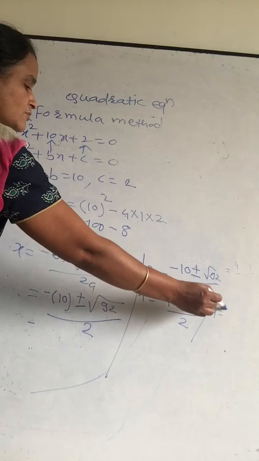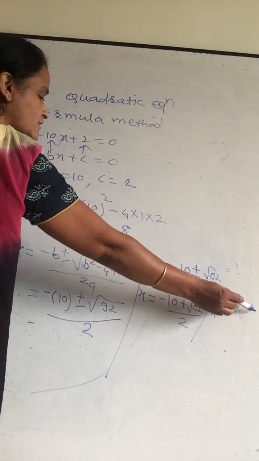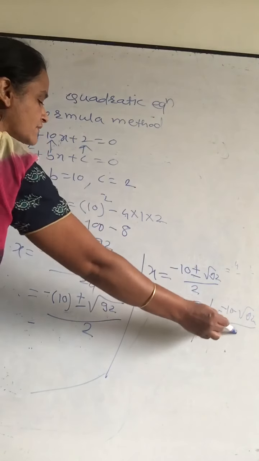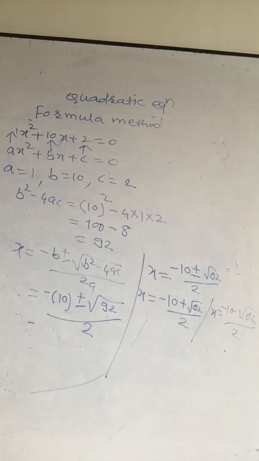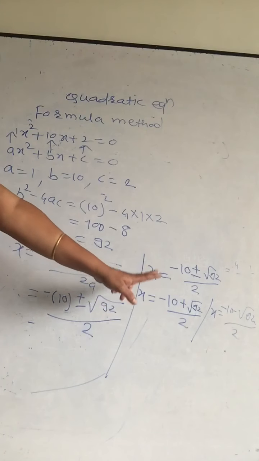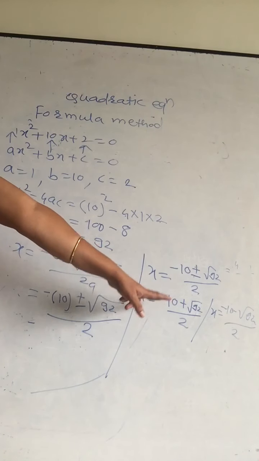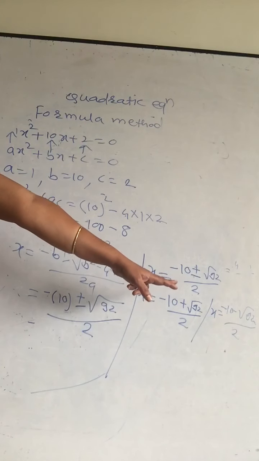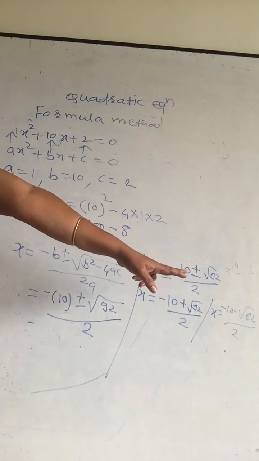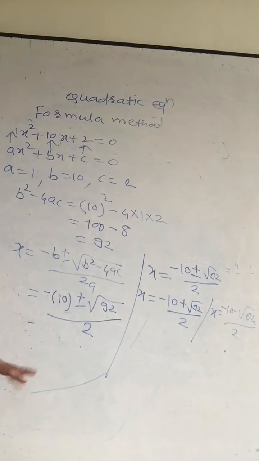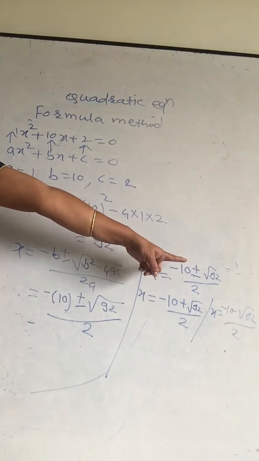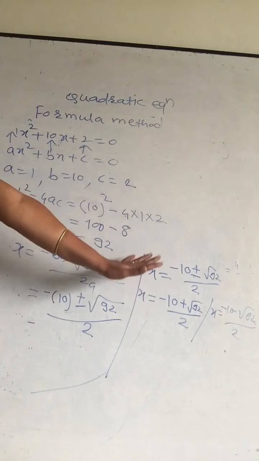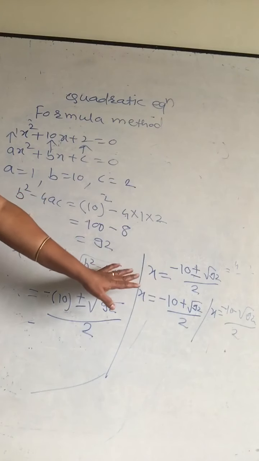So x is equal to minus 10 minus the square root of 92, divided by 2. So these are the two roots. The first root is minus 10 plus the square root of 92 divided by 2. The second is minus 10 minus the square root of 92 divided by 2. Because we don't know the square root of 92, keep it as it is, and we will get the marks.